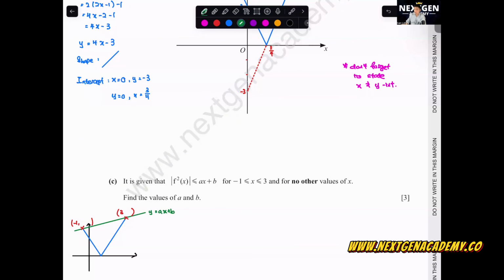So all you need to do is substitute in negative 1 and 3 into the f squared x equation. What's the f squared x equation just now? f squared x equals modulus of 4x minus 3. Let's sub in now. f squared negative 1: 4 times, this one there's a modulus, right? Let's put a modulus. Modulus of 4 times negative 1, minus 3.